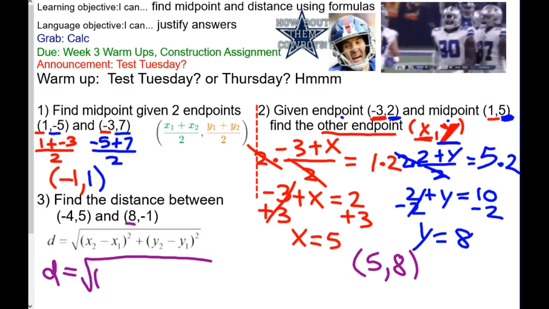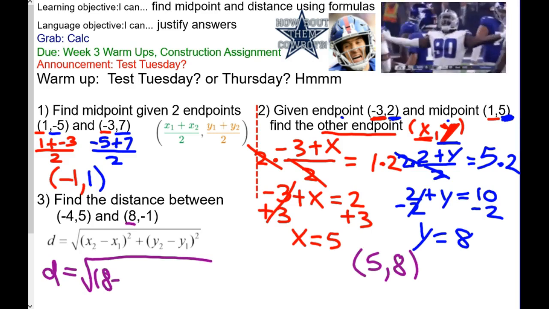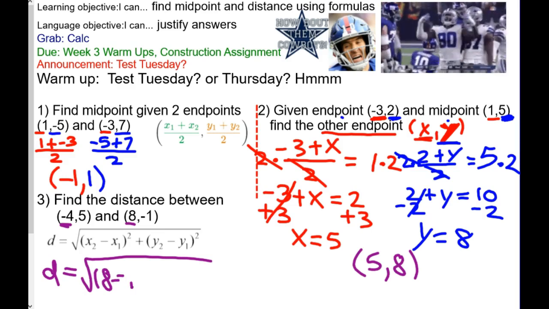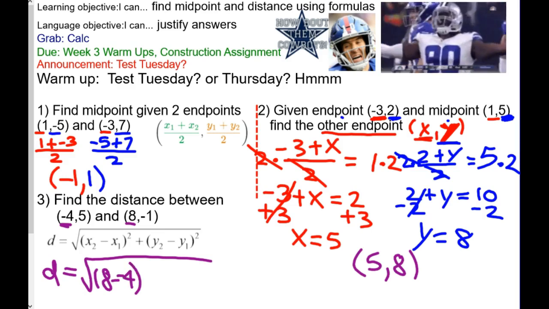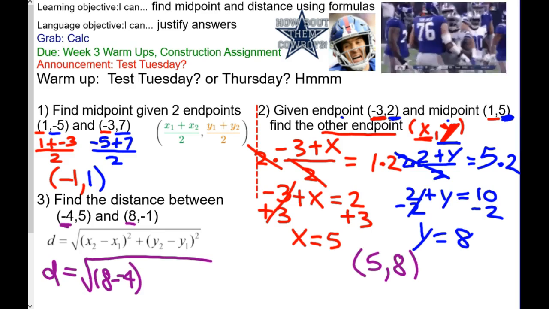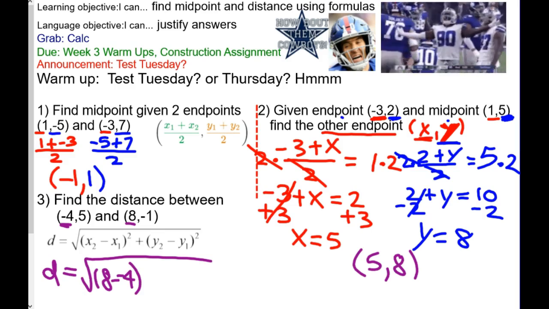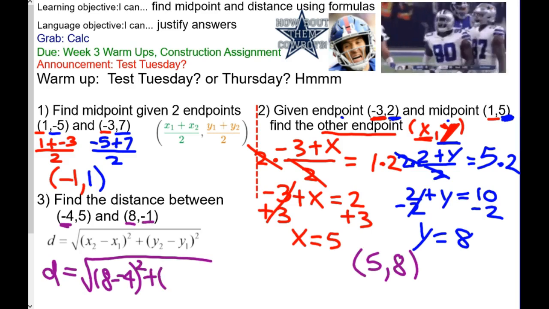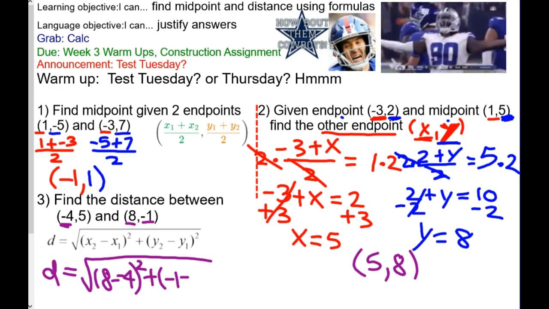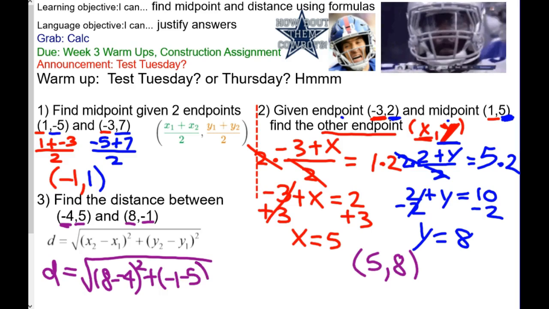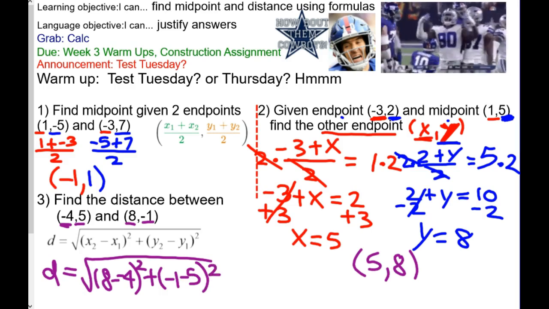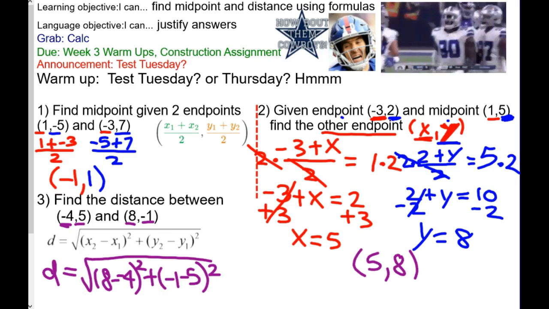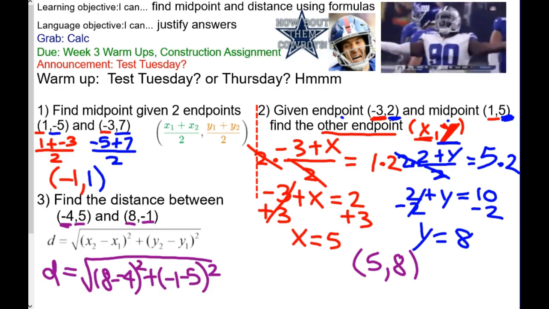The second x value is over here at 8, minus, and then the x1, the first x value is negative 4. Negative 4. If you like to write it as 8 plus 4, that's fine, because subtracting a negative is like addition. Squared plus parentheses, y2 is negative 1, minus y1, which is 5. Parentheses squared.